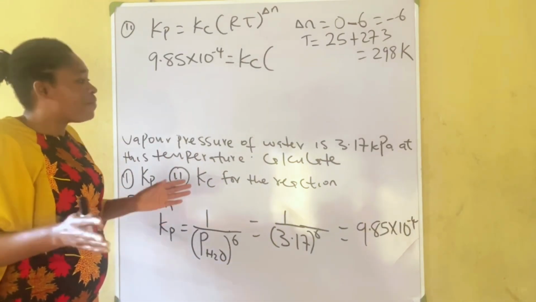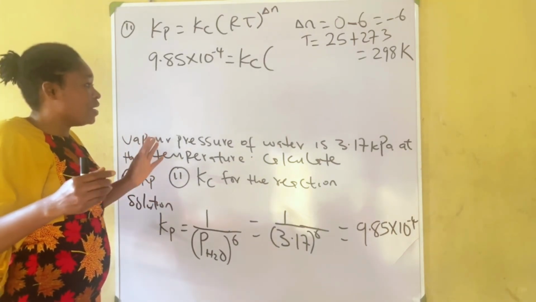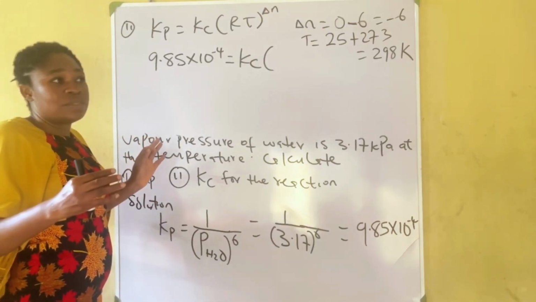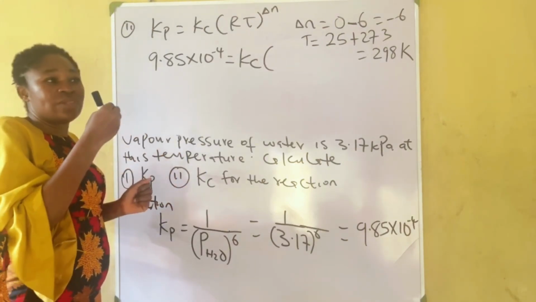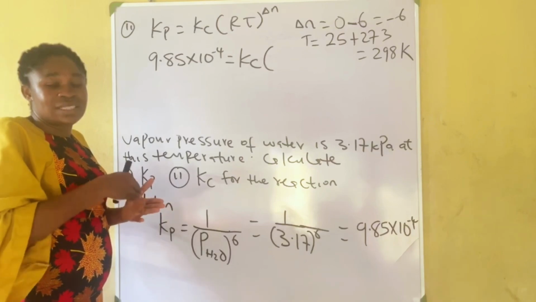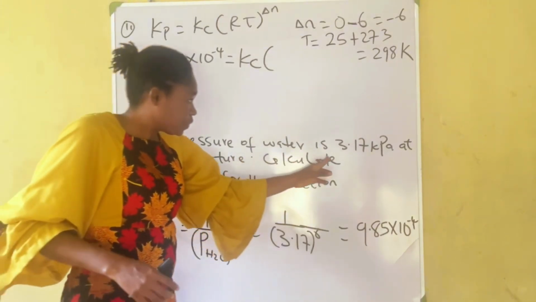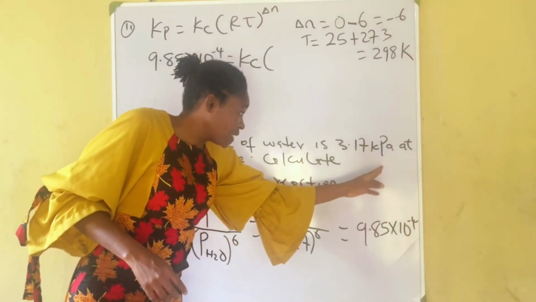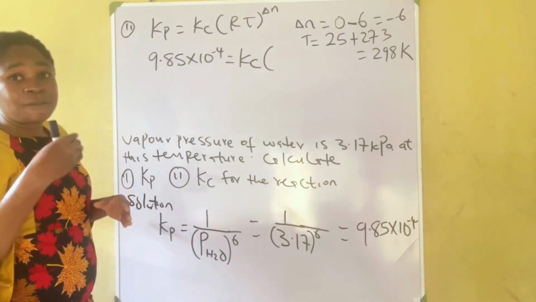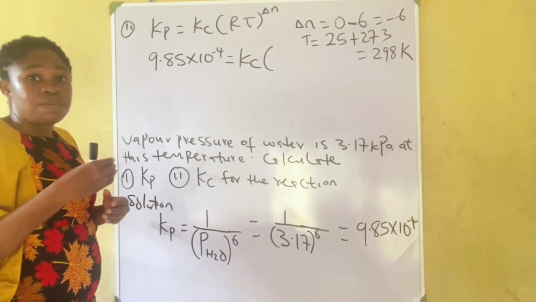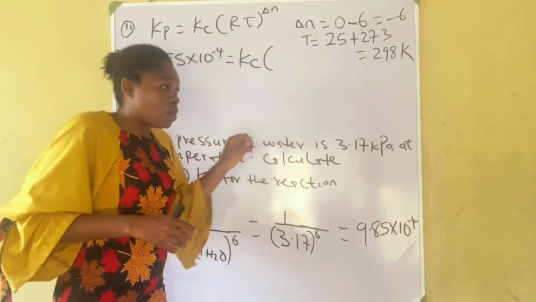If you're not given any pressure value, like in the first question, use 0.08206. But if the pressure is given in kilopascal or pascal or newton per meter squared, please use 8.314.